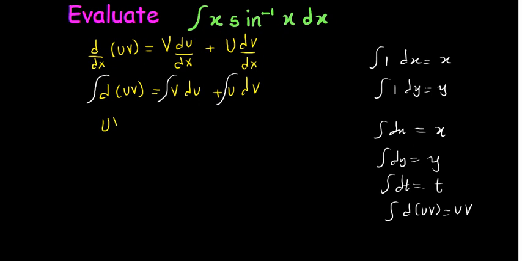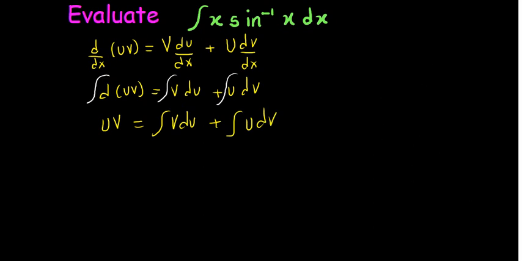So where there is the integral of d(uv), I'm just going to put uv. So this is uv being equal to the integral of v du, which I can't integrate, so I'll just leave it like that, plus the integral of u dv. Since u comes first in the alphabet, I'm going to maintain this and take this portion to the other side.